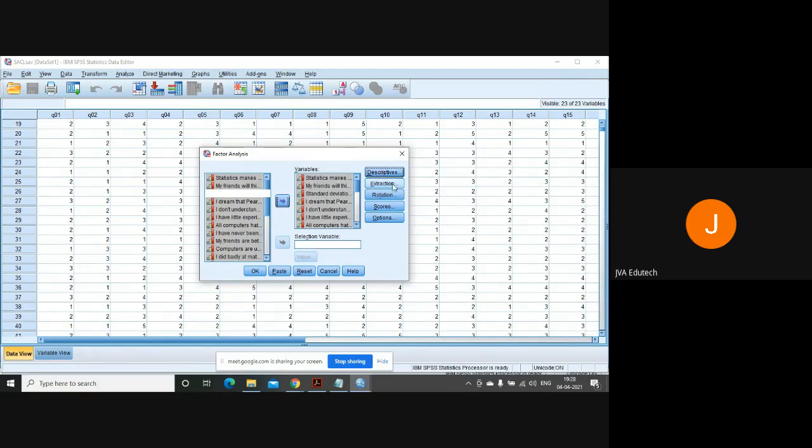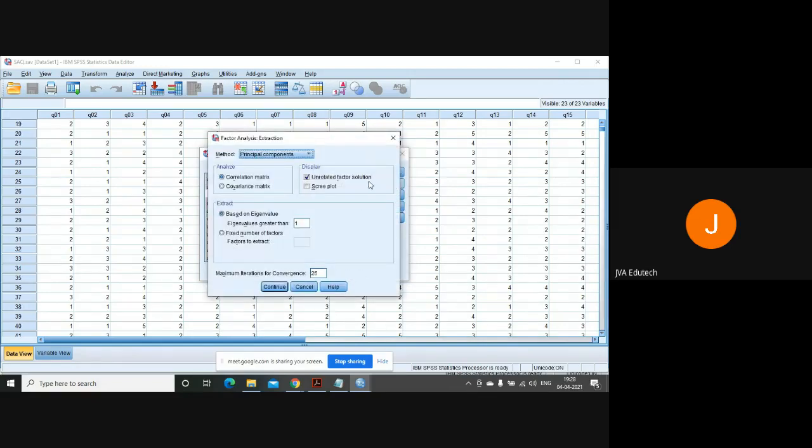Then go for extraction. In extraction, rather than principal components, you select principal axis factoring, then unrotated factor solution, scree plot, and eigenvalues based on one. The maximum number of iterations for convergence, again, I will keep at 100 for better interpretability.